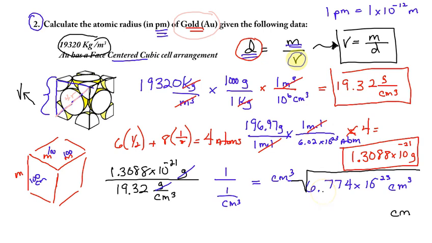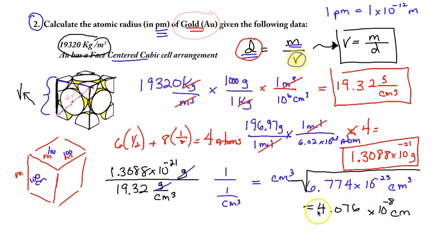To do that cube root, you use the math function on your calculator, your TI-84, and I believe you hit 4, and that'll do the cube root. And when we do that, you get a magic number: 4.076 times 10 to the negative 8. And that, my friend, is the dimension. That's your lattice constant in centimeters.